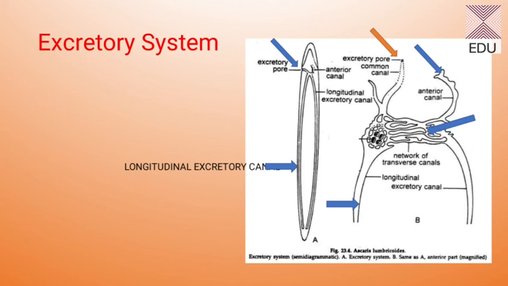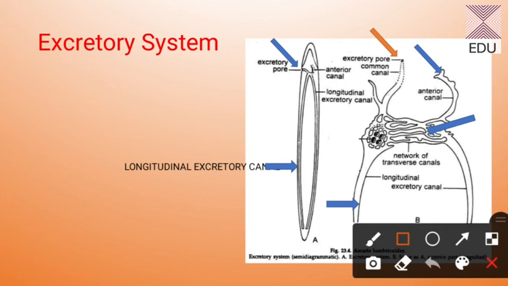Now, if I come to the rennet cell, we have already discussed that this is one of the nuclei of the rennet cell. The scientists have seen more of the nuclei. One nucleus is present over here, on the left longitudinal canal.